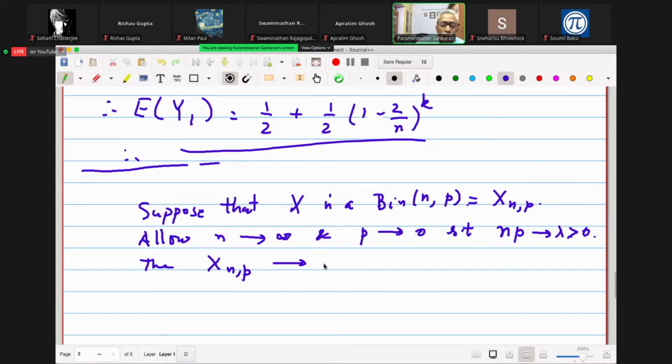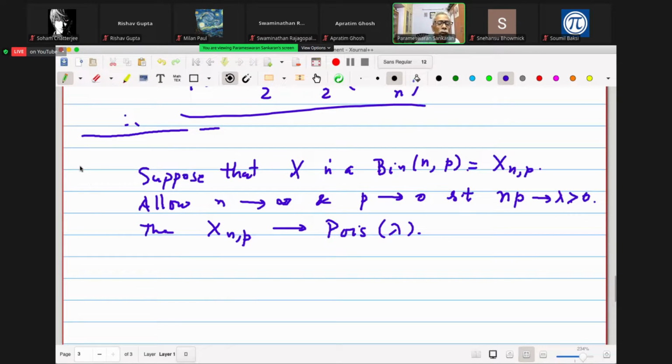Then what is this going to? This goes to Poisson with the parameter lambda. This is what we want to prove. So if you like, call it a theorem. I like this result quite a bit. The proof is quite simple.